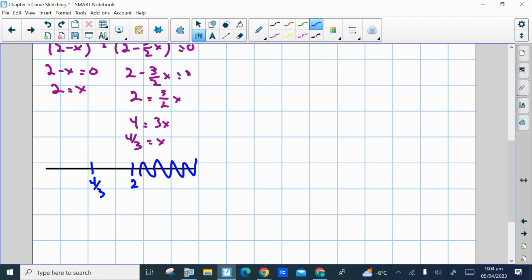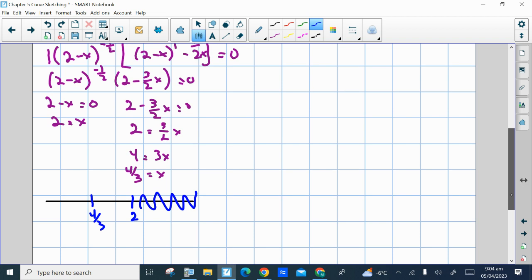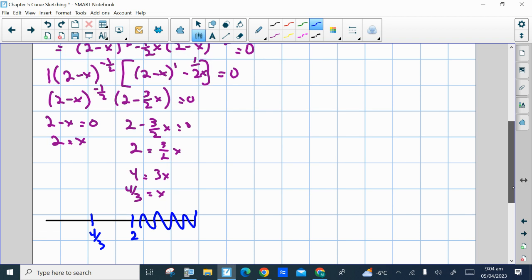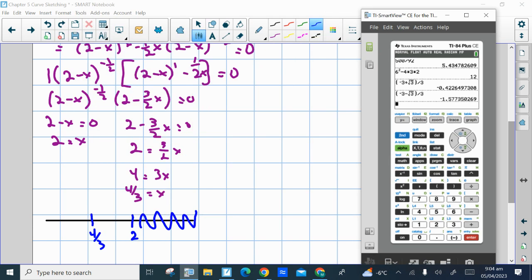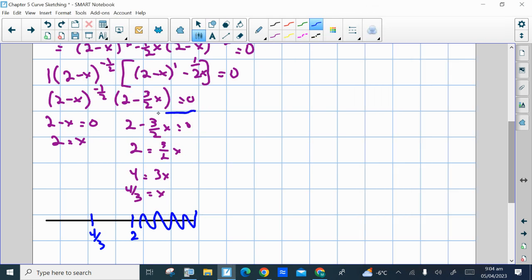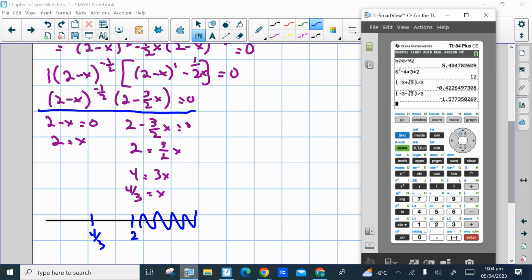So a number in that first interval has to be between 1 1/3 and 2. So we could use 1.5. And so looking at the factors of the first derivative, so I'm going to use that expression right there, and I'm going to let x equal 1.5. So it'll be 2 minus 1.5, which will be positive 0.5, but that's raised to the power negative 1/2.